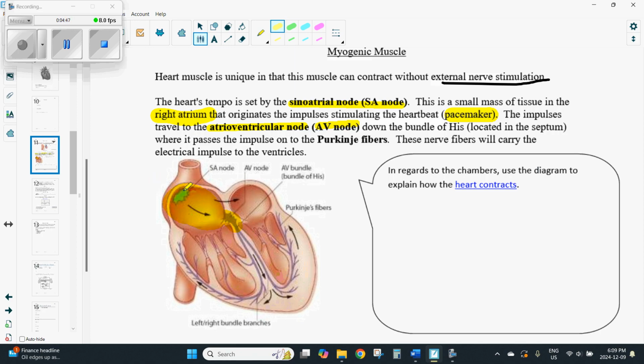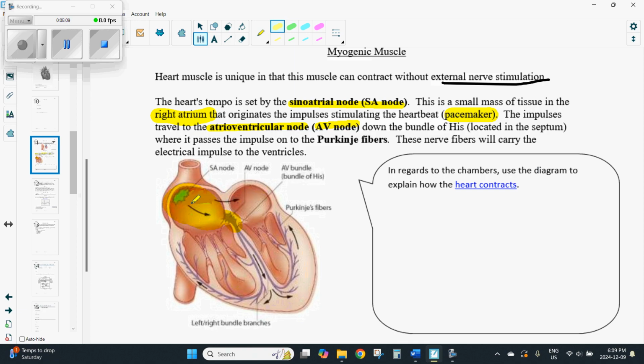So what's going to happen is the sinoatrial node is going to stimulate an impulse, or basically send out an impulse. That impulse will travel down the muscle or the wall of the right atrium, as well as traveling towards the left atrium wall as well.